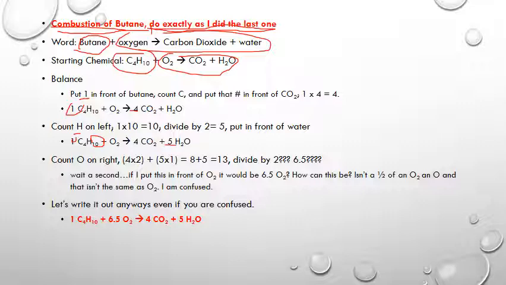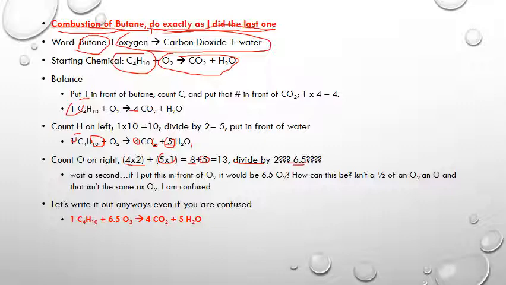All right. Okay, so I'm done with my hydrogens and oxygen. Now I count the number of oxygens on the right side. So it's 4 times 2, 8. 5 times 1 is 5. Now, divide by 2, 6.5. Wait a sec.